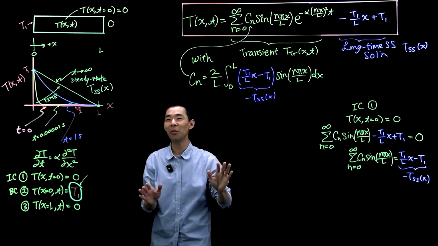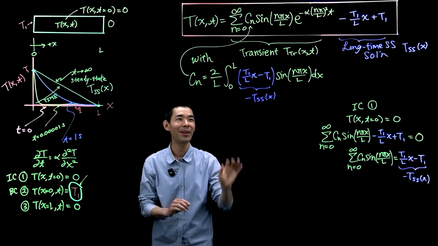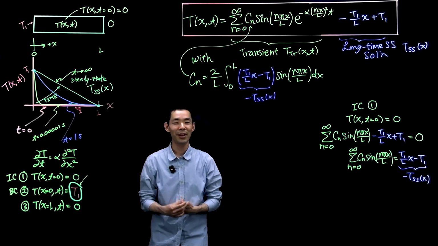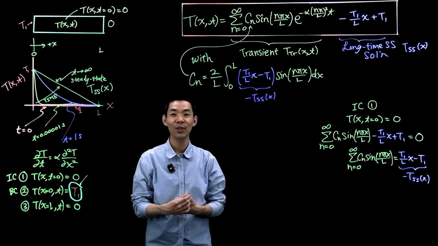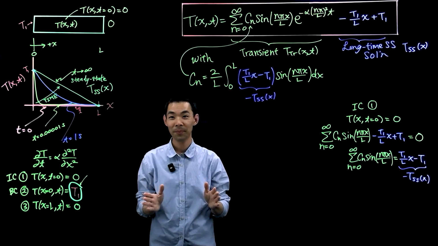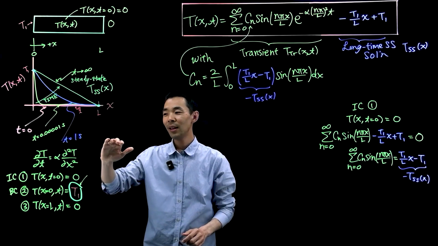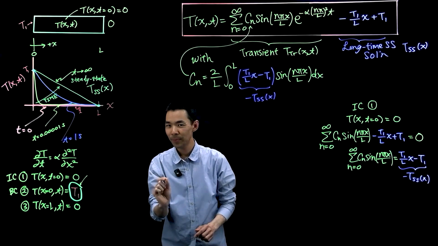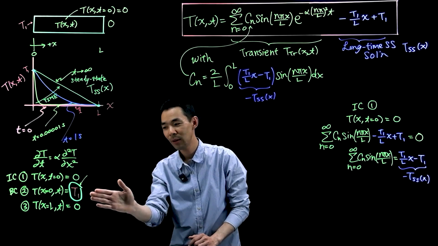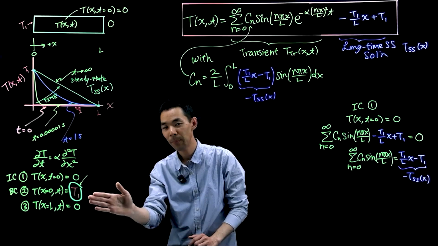Now, there's actually a lot of things I want to talk about related to what we just found. Where should I begin? First of all, what we've done is something kind of remarkable. Remember when it failed earlier? It failed because the boundary condition was not equal to 0.